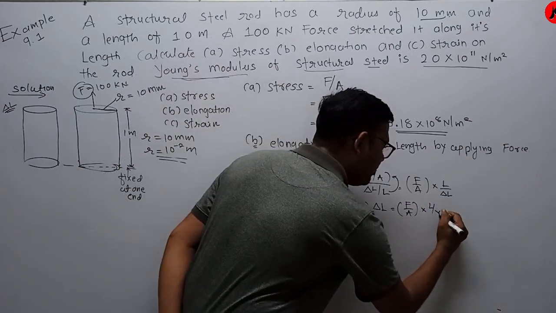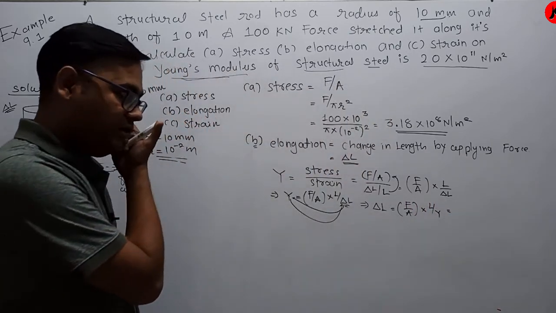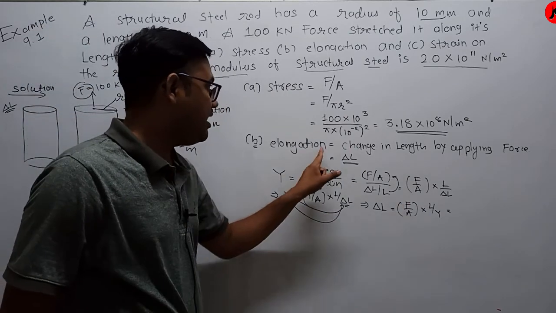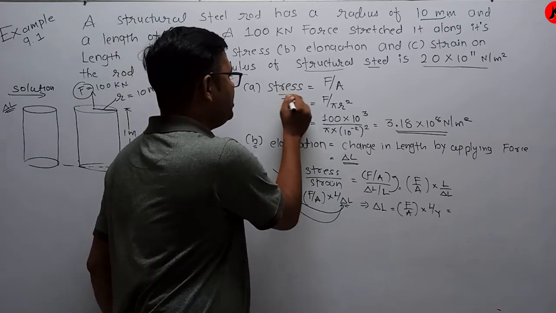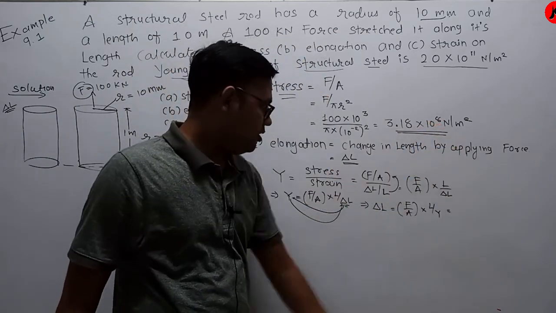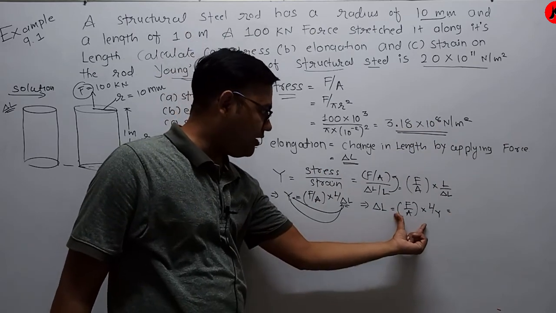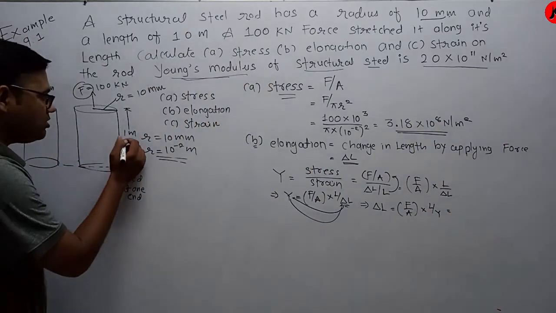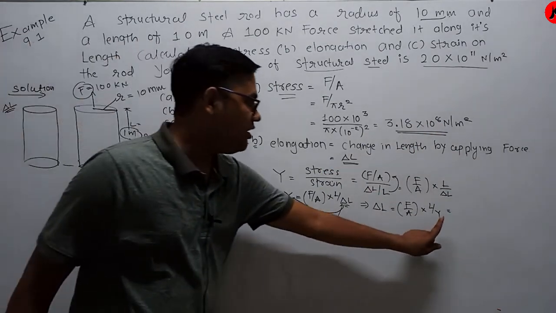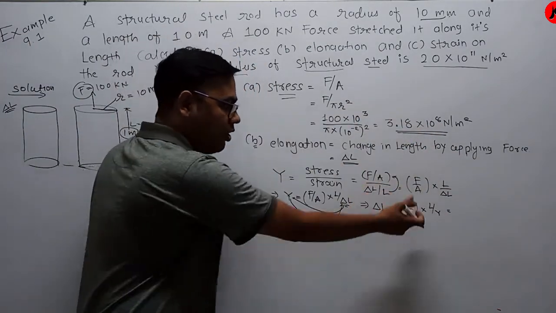L by Y. And here F by A is nothing but the stress, and we have already calculated the value of stress, which is 3.18 into 10 raised to 8. So put the value of F by A over here, and the length of the cylinder, which is already given, is 1 meter. Young's modulus is also given, so put in all the values.